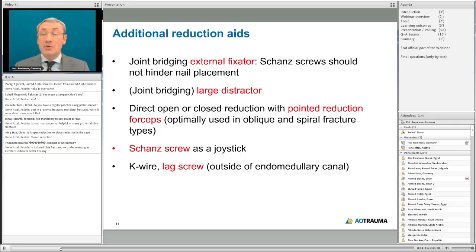A shank screw as a monocortical screw can be used as a joystick to manipulate one certain fracture fragment. And also K-wires or lag screws can be used. They should be put in outside the endomedullary canal in order not to disturb the pathway of the nail.